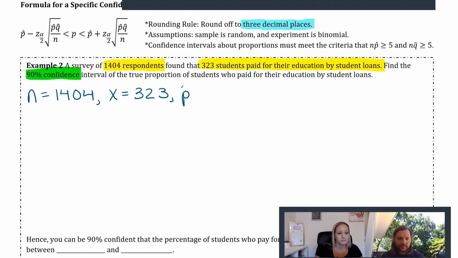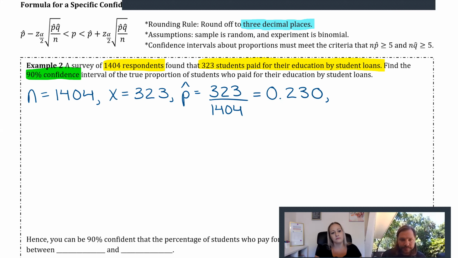P hat, we just practiced that in example 1. That's just X divided by N, so 323 divided by 1404 comes out to 0.230 when you do 3 decimal places. And then Q hat is just going to be 1 minus P hat, so 1 minus 0.230 is 0.770.